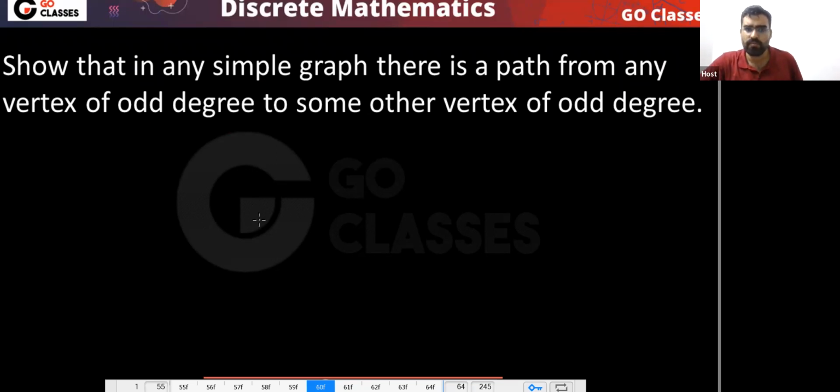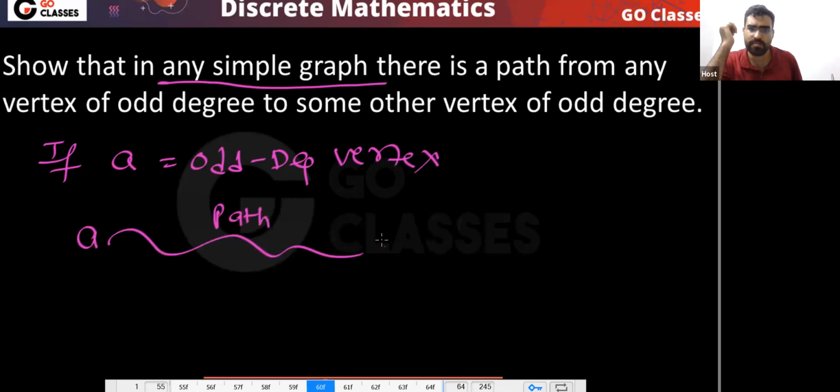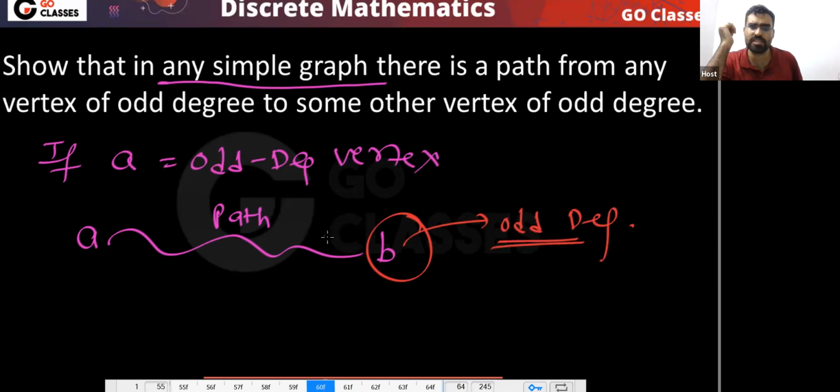Basically, this question is saying that whatever simple graph you take, if A is an odd degree vertex, then definitely you will have a path to some other odd degree vertex.